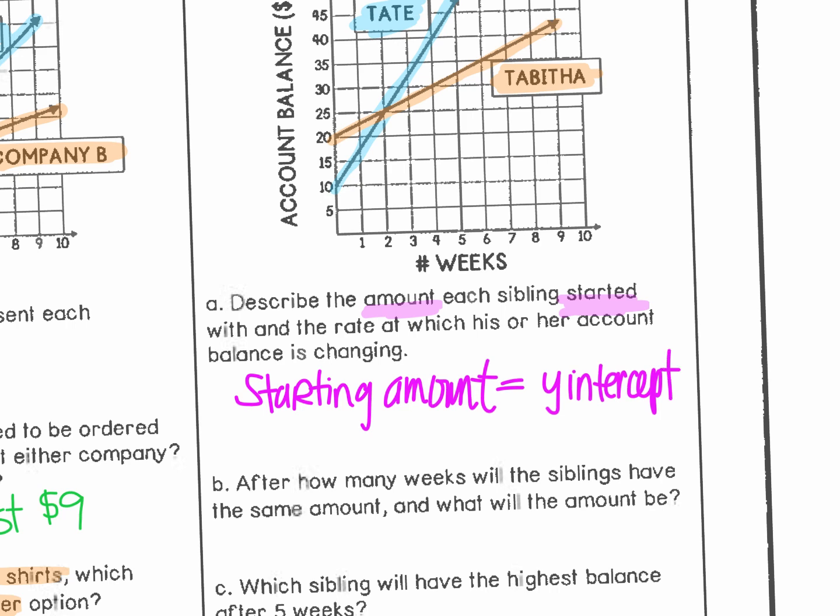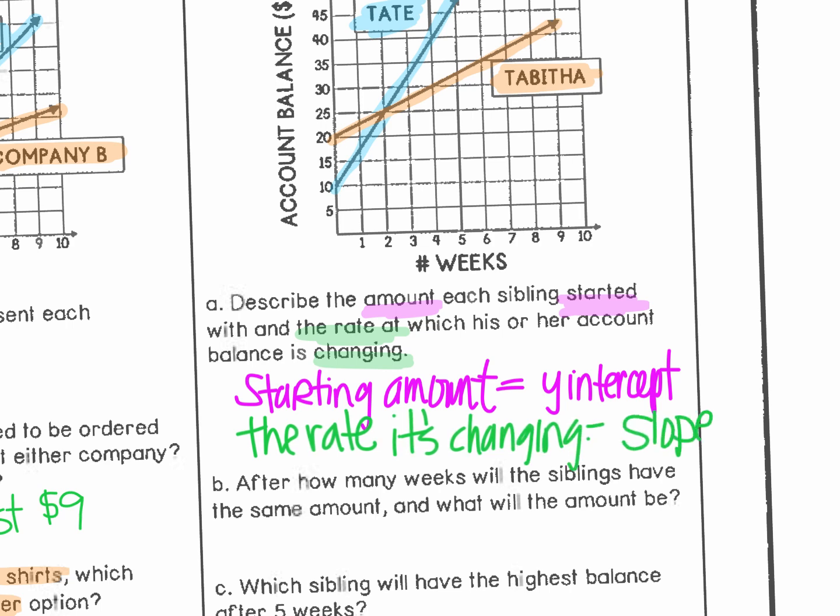And then the second thing that it's wanting you to do is the rate of change. And we said previously when we're studying this unit that the rate of change was the same as slope. So I'm going to put that down. The rate it's changing equals slope. Okay, I'm not actually going to do it, but I just want you to know what those words mean.